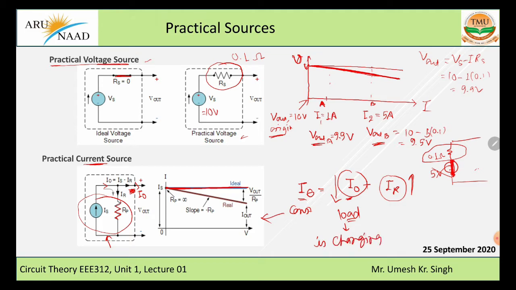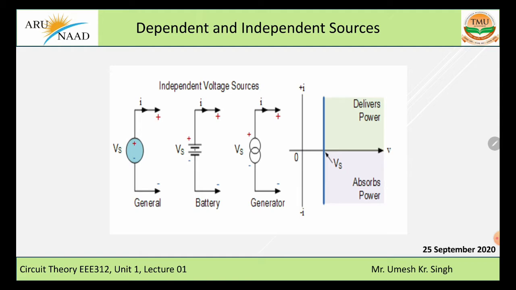But what we considered is that if we have a current source of 5 ampere, then this will supply 5 ampere. But what is happening is, when we are increasing the load, this is supplying 4.9 ampere or 4.8 ampere. Now we have a representation already discussed, independent sources. All these sources are independent sources because this source is not depending upon any other parameter or any other circuit condition.